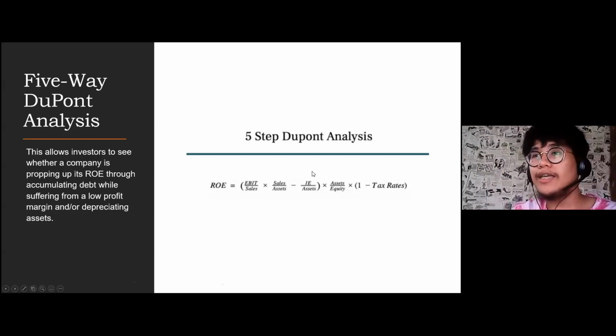Then, open and close parenthesis, multiply by your equity multiplier times 1 minus your tax rate. This is what we call your tax retention rate. In our company, we call the 1 minus tax rate your tax retention rate.